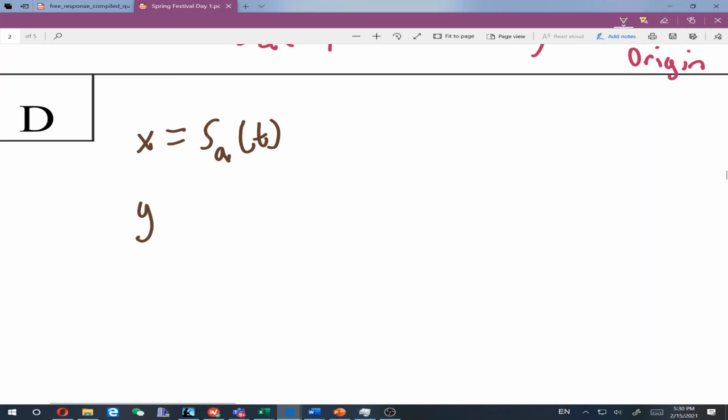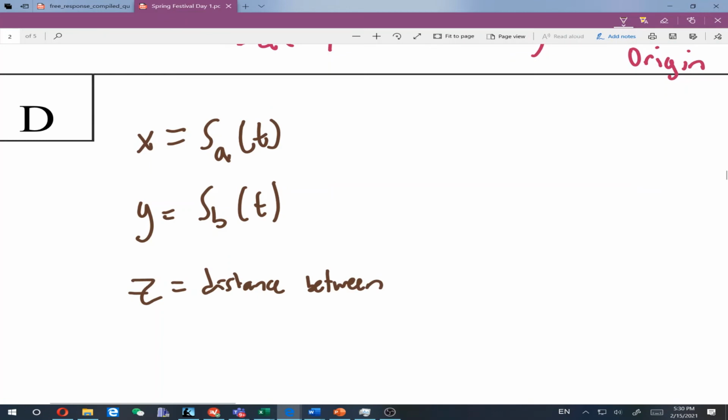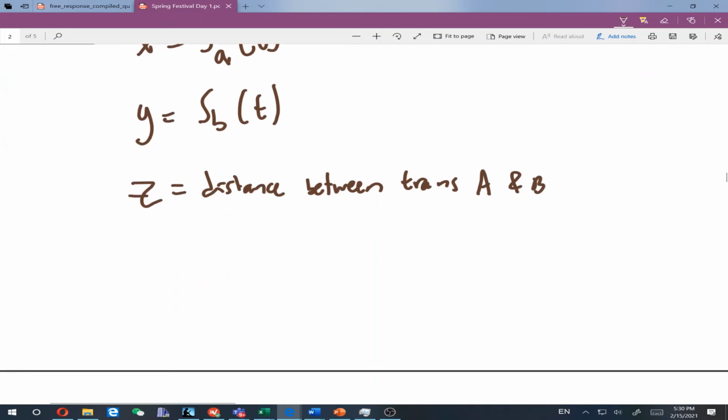Y is equal to the position of train B at any time. Z is the distance between trains. Okay, then we've got our triangle one more time here.